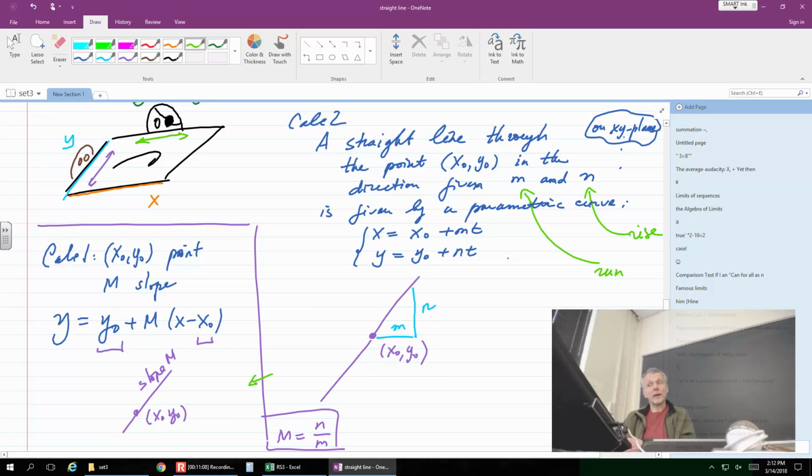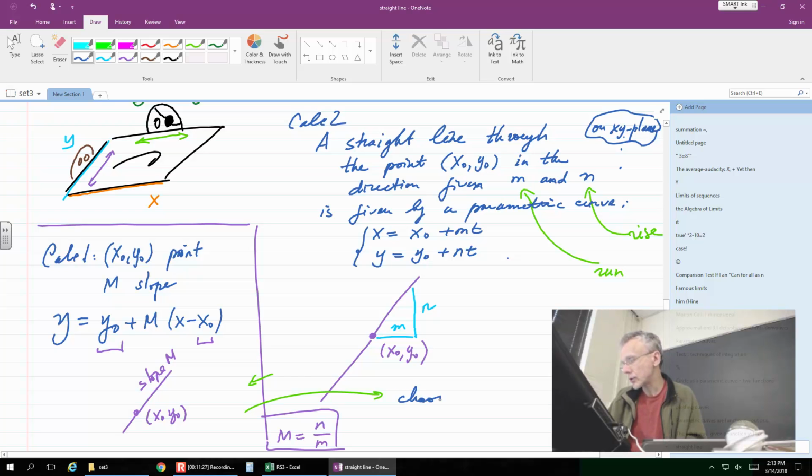You certainly can go backwards. If you have your calculus 1 point slope form, then you can get the parametric representation of the straight line. All you have to do is choose m and n.